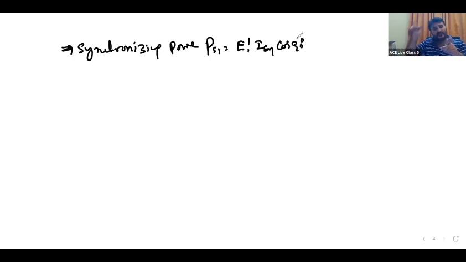ISY is common for both machines. The first machine is generating the current ISY, so the angle between E1 and ISY is 90 degrees lagging. So that is 0. Similarly PS2 for the second machine is E2 into ISY cos 90, which also equals 0.